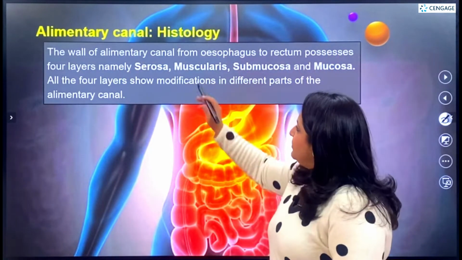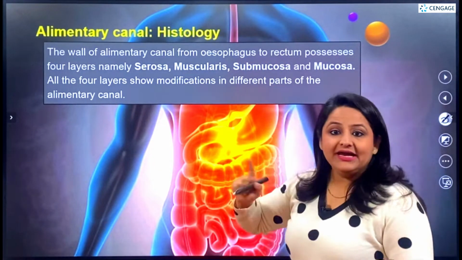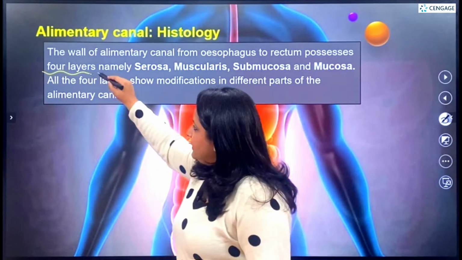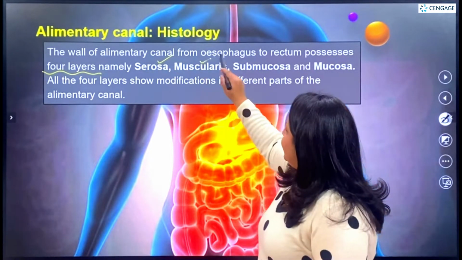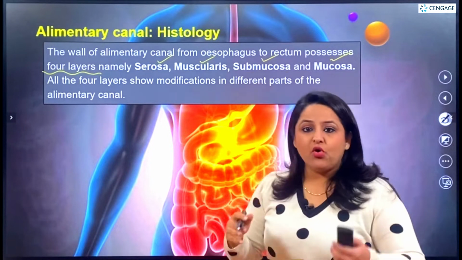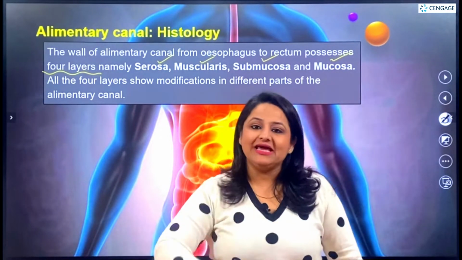The wall of the alimentary canal, from the esophagus to the rectum, possesses 4 different layers, right? The names of these layers are serosa, muscularis, submucosa and mucosa. All these 4 layers show some or the other type of modifications in the alimentary canal.